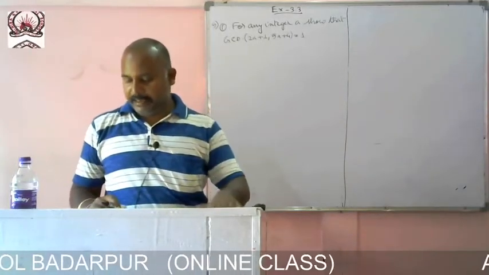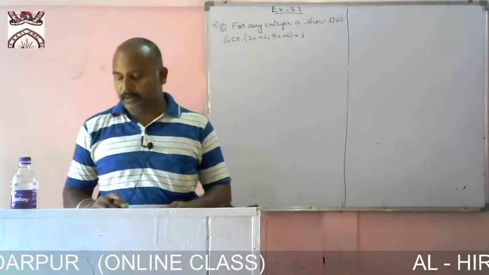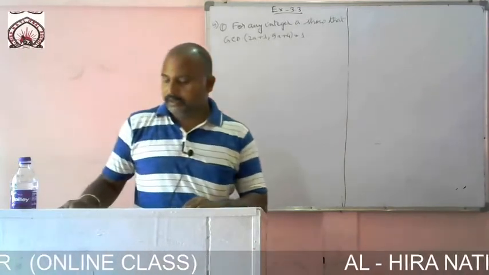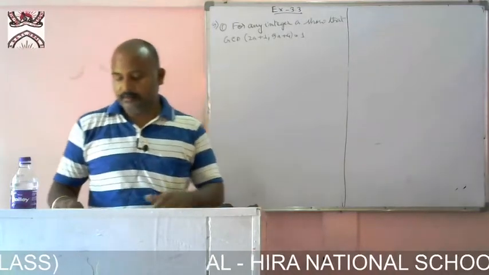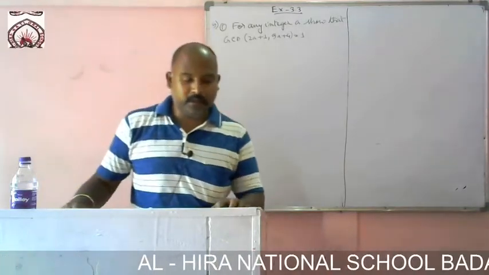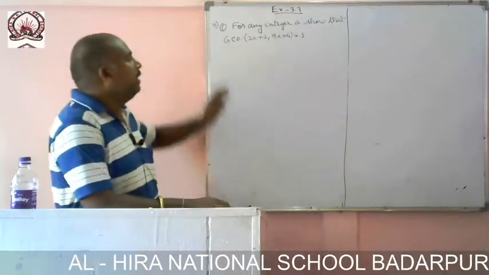For any integer a, show that the GCD of twice a plus 1 and 9a plus 4 is equal to 1.